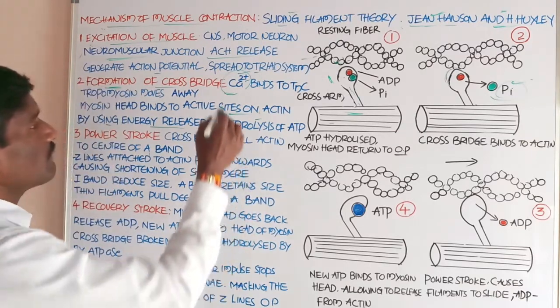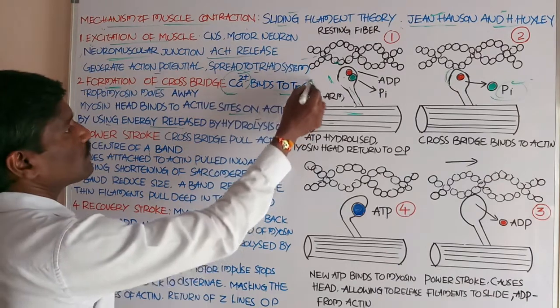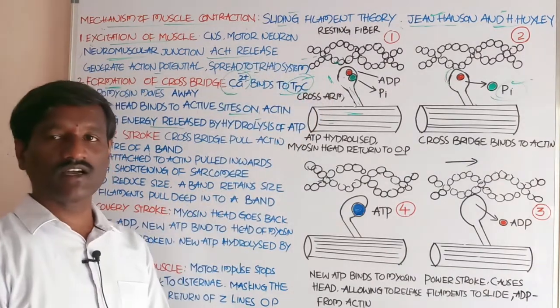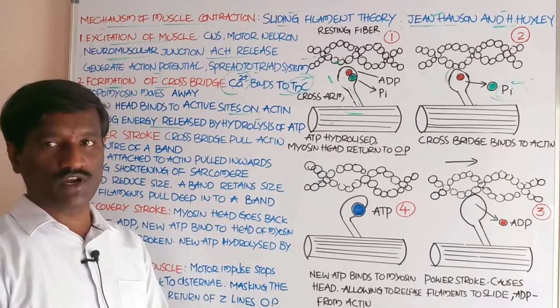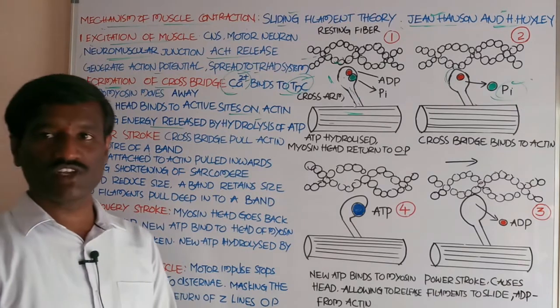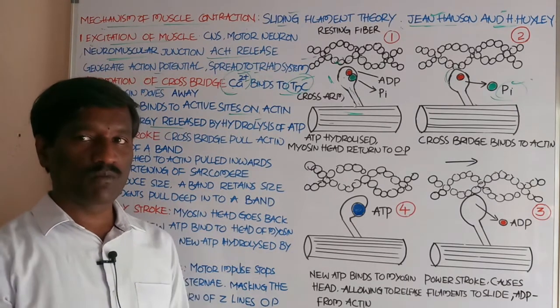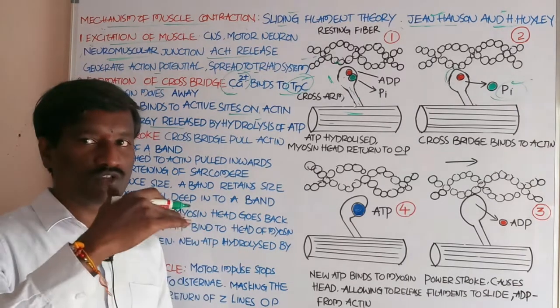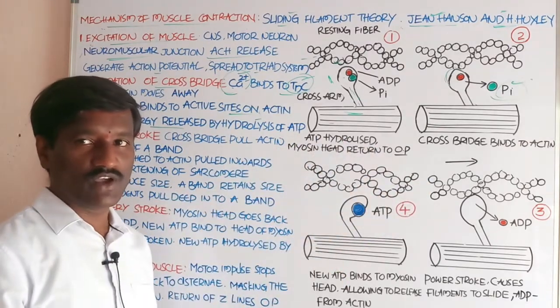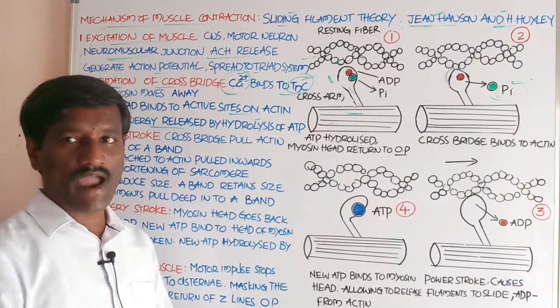Okay student, when calcium ions bind to the TnC, which is the subunit of troponin, at the same time tropomyosin moves away. Already you know about tropomyosin: it moves away from the active site of the actin.